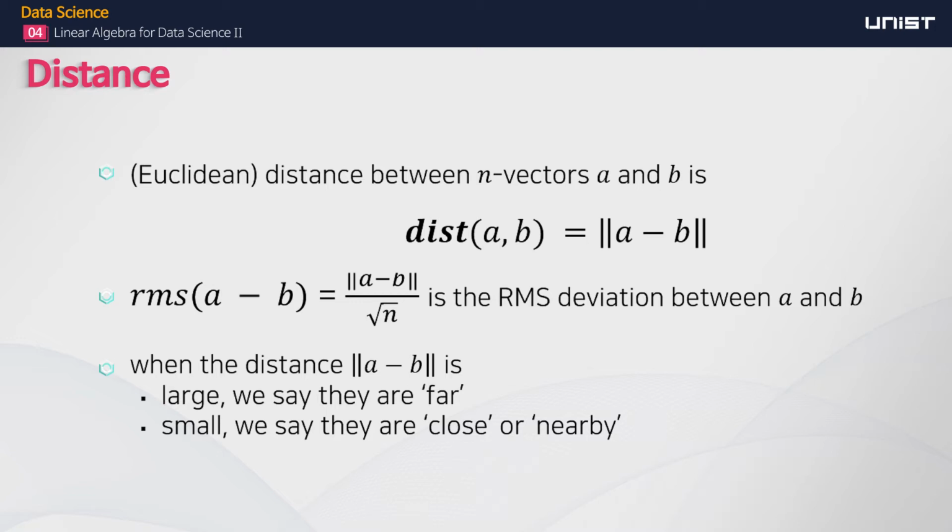If they are small, then we say they are close. This distance concept is very important in optimization because it is related to loss function, which is objective function of optimization problem in many cases. A typical loss function is the distance between the output value we found and the true value.